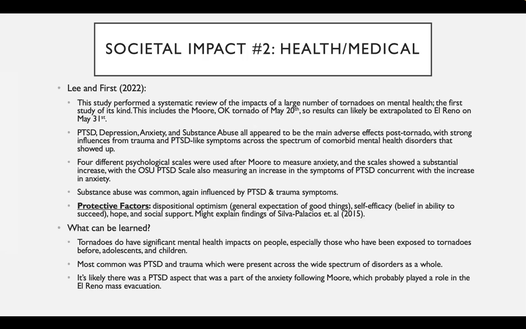This was true for the Moore tornado, where surveys were given, and it was determined that anxiety, including people passing tests for generalized anxiety disorder, was very common after Moore. So that supports our notion that people were on edge when El Reno occurred. And perhaps PTSD played a role as well.